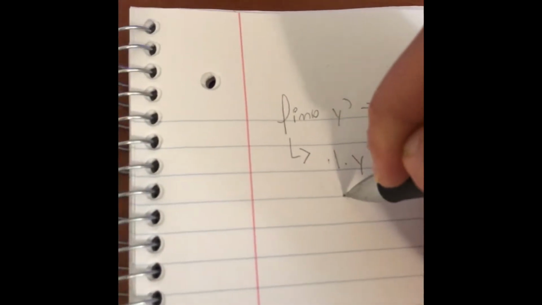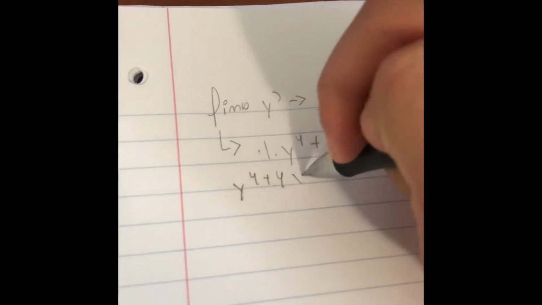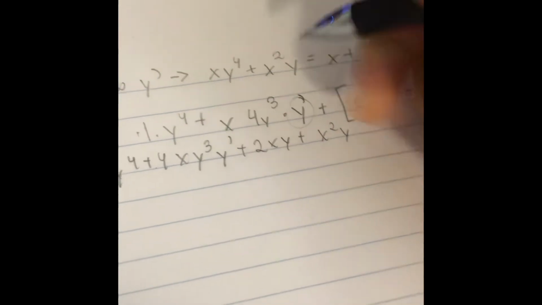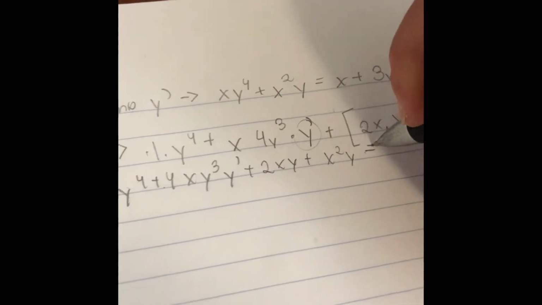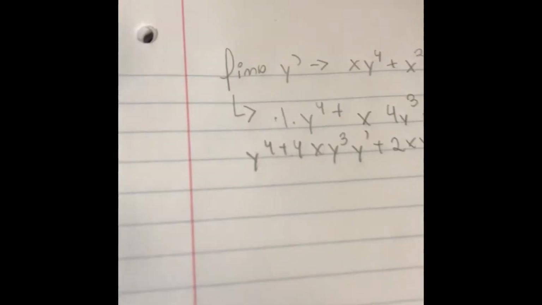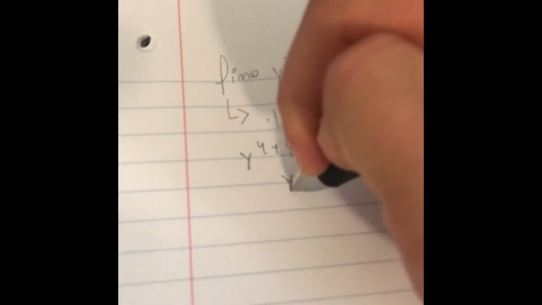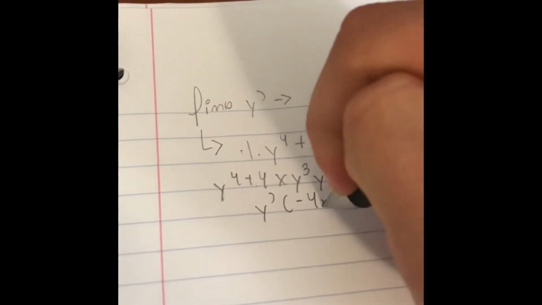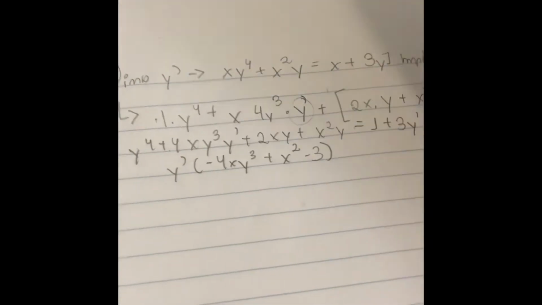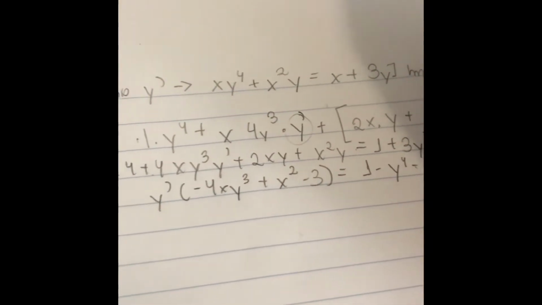So if we do the correct multiplications and isolate the y primes, we get 4xy cubed y prime plus 2xy plus x to the power 2 y prime equals 1 plus 3 y prime. Then we pass the y primes to one side, putting y prime in evidence, and we get y prime times x to the power 4 minus 3, and everything equals 1 minus the same thing from the other side.